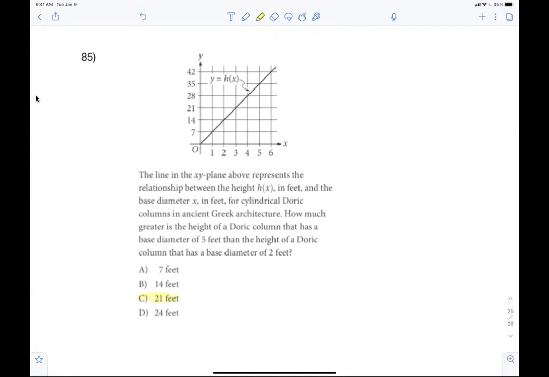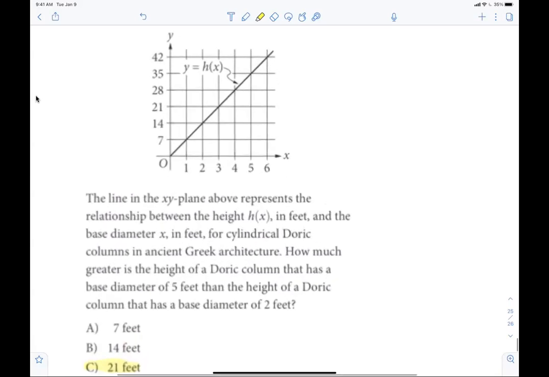All right, so now it says, how much greater is the height with a base diameter of 5 and a base diameter of 2? So here, if I'm not mistaken, is 2 and here is 5. You with me?